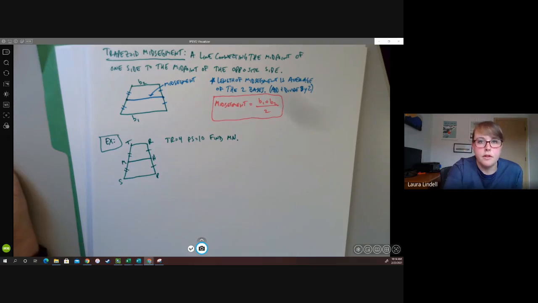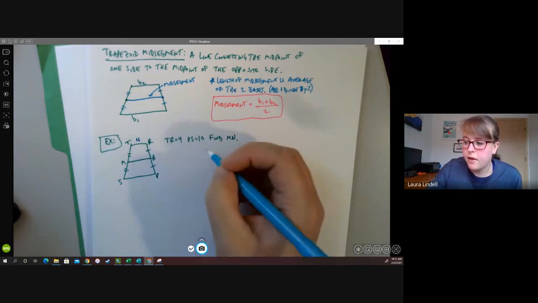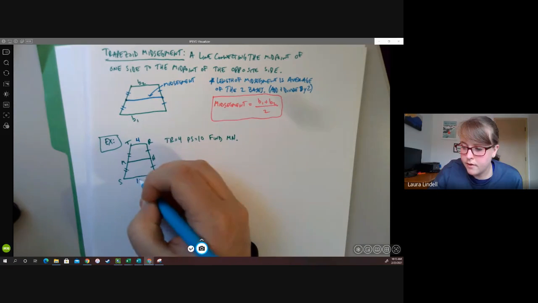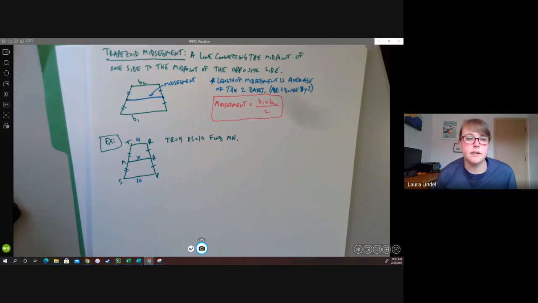Okay, so this is one kind of problem we'll see with the mid segment, and the first thing that you want to do is label your picture. We know that TR is 4, PS is 10, and that we're looking for MN, so I'm just going to put an X there because that's what we're looking for.